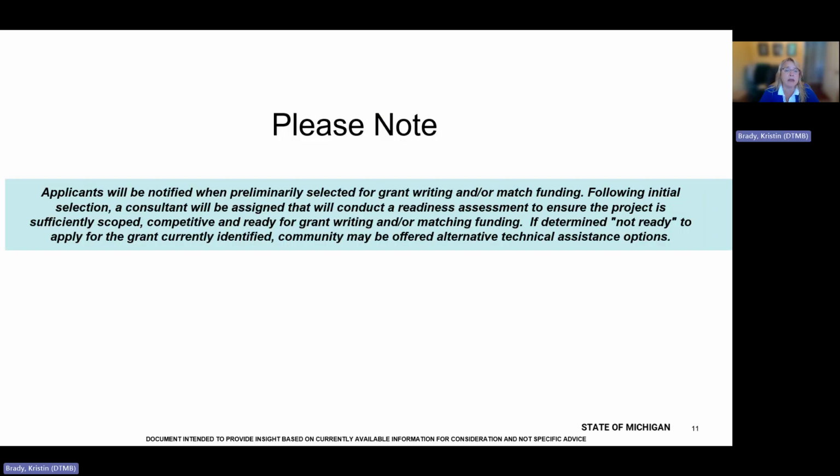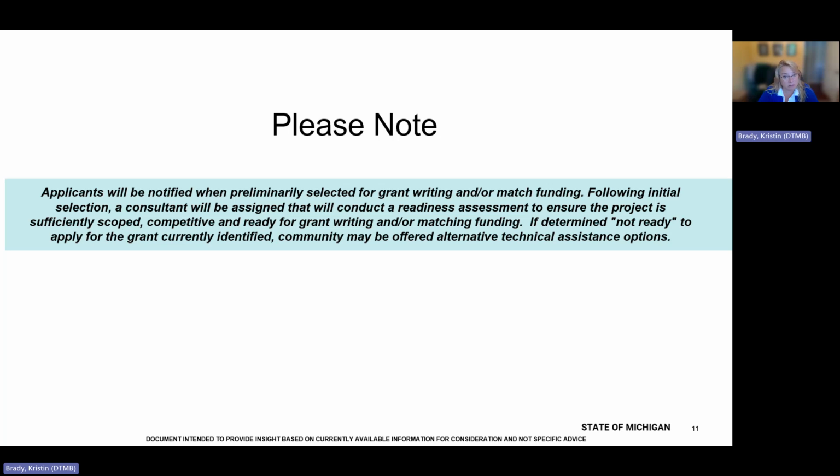It's important to note again that if you apply, you'll be notified preliminarily that you're selected for grant writing or match funding. And then following that initial selection, a consultant will be assigned that will conduct a readiness assessment of your grant and information to ensure the project is sufficiently scoped and competitive, and it's ready for grant writing or match funding commitment.